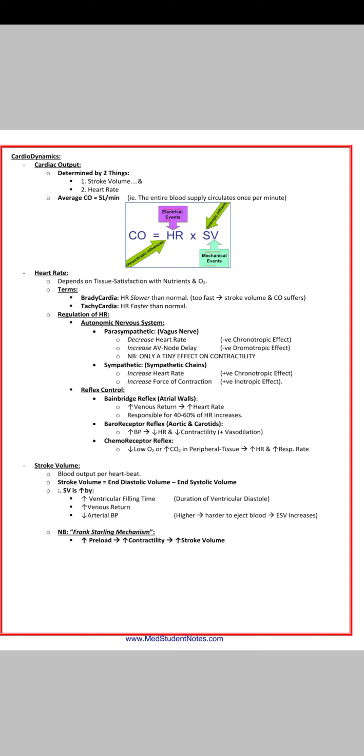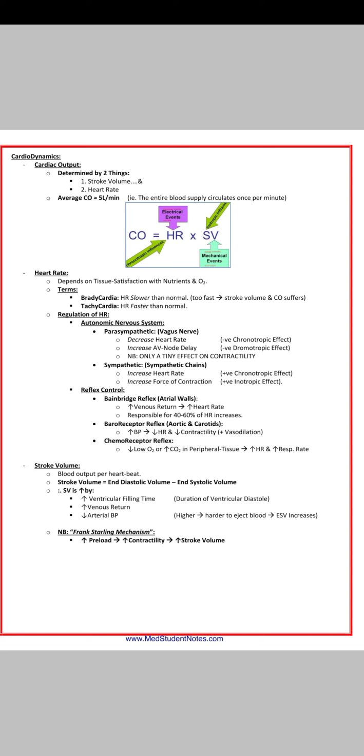If the relaxation is longer, the filling of the ventricle is increased, and there is an increase in stroke volume. So the greater the subtraction value, the more the diastolic volume is increased. So the ventricular filling time is proportional to the stroke volume increase. It is the duration of ventricular diastole.